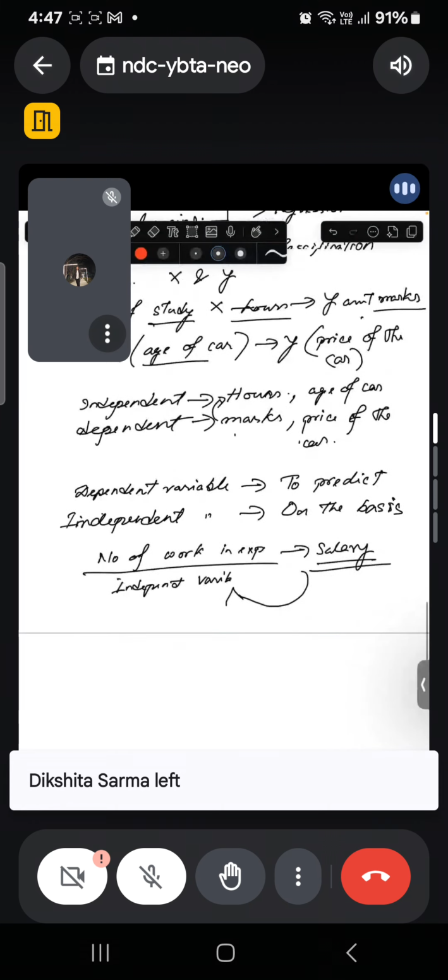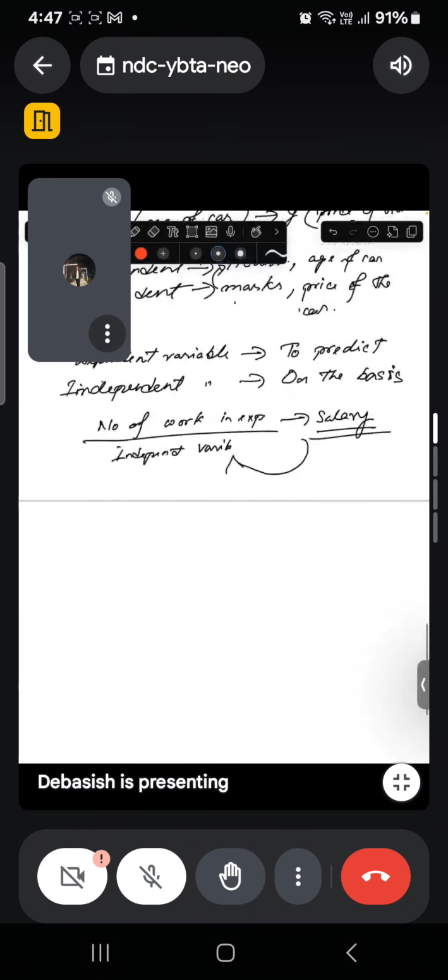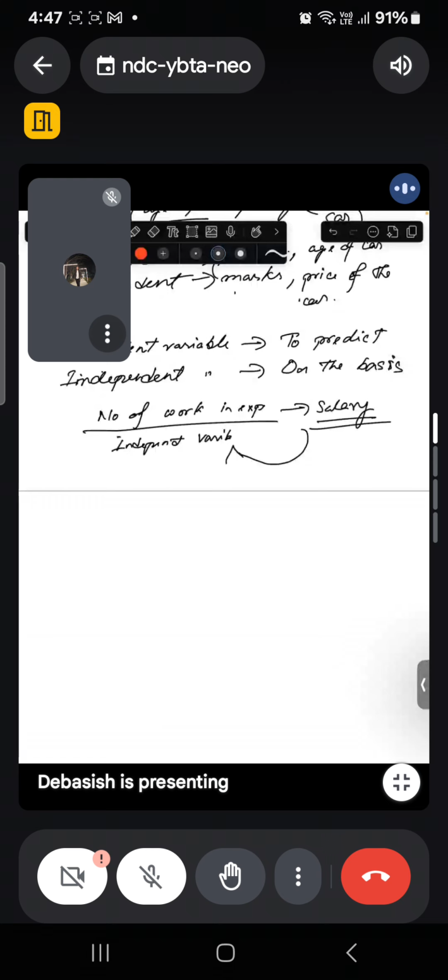Now we will learn about regression. We'll draw a graph. In the x-axis we'll always take the independent variable.